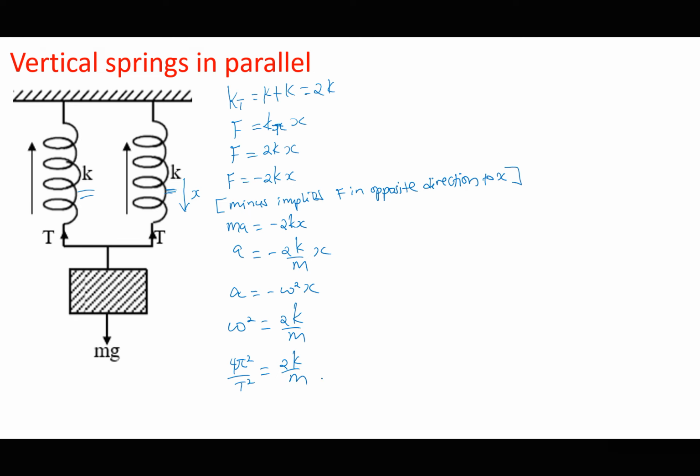So we get the reciprocal and the square root. So T is going to be equal to 2 pi square root of m divided by 2k. If I want the frequency, it is the reciprocal, so it will be 1 over 2 pi square root of 2k divided by m, as required.